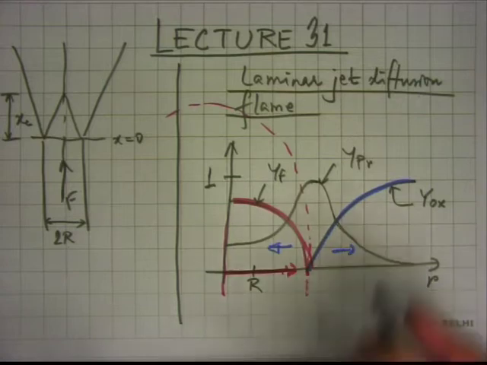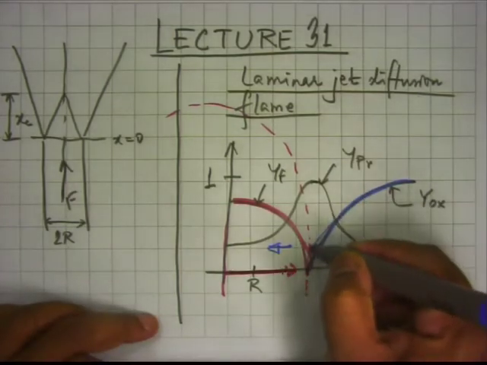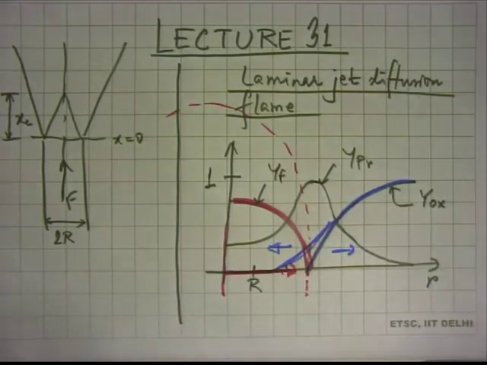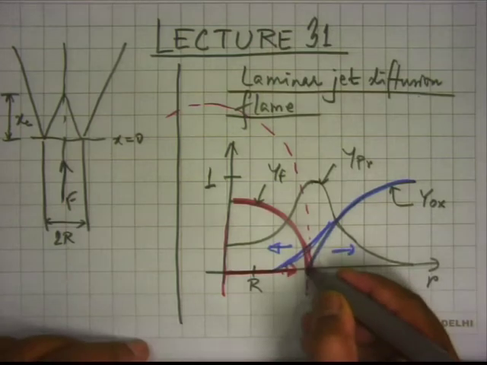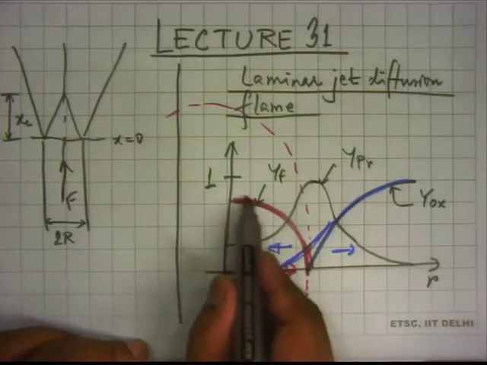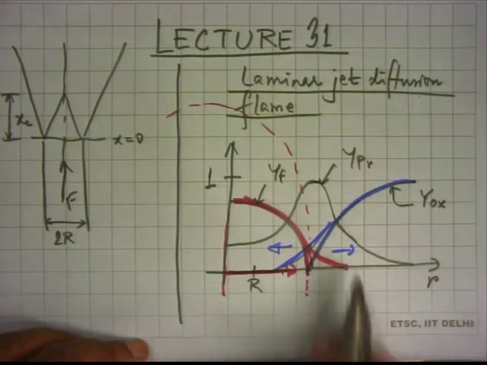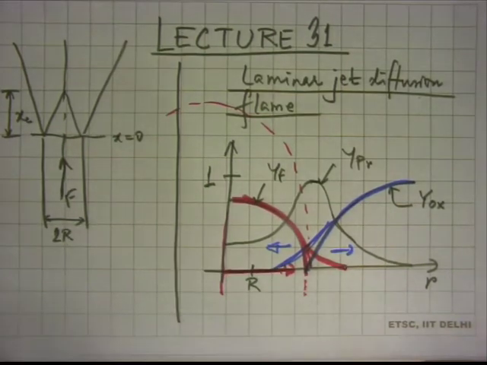In reality, you will get some oxidizer which will seep like this. It will be able to cross the flame and diffuse to the other side. And in reality, the fuel mass fraction will also tend to show like this. So there will be some amount of leakage of fuel towards the oxidizer side and some amount of leakage of oxidizer to the fuel side.